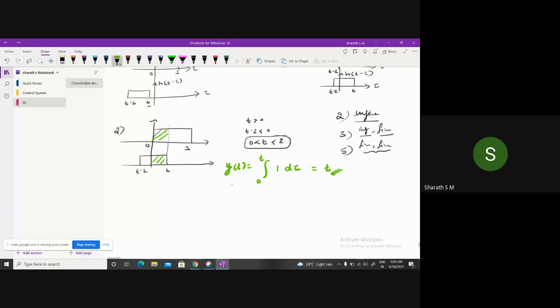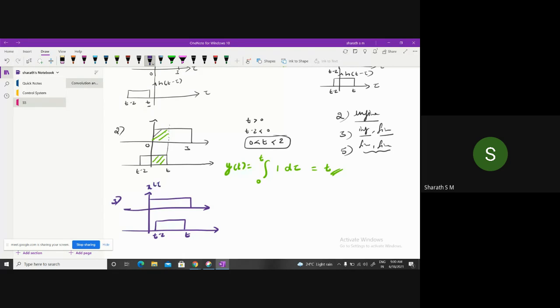And in the third case, we need to place this at the midpoint. This is from 0 to 3, and this is our mid position. We have a t, and here we have a t minus 2.